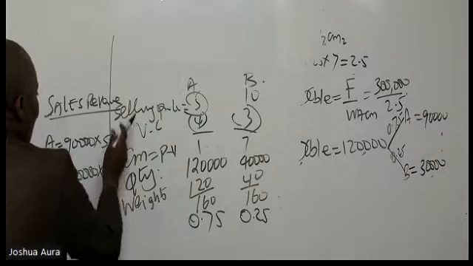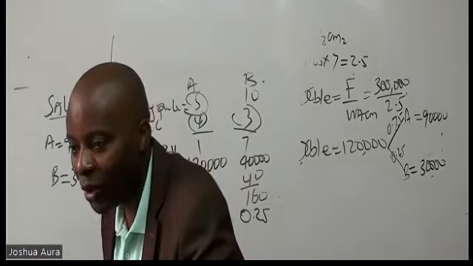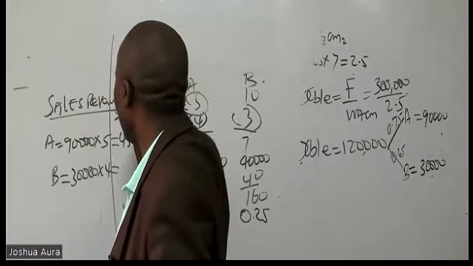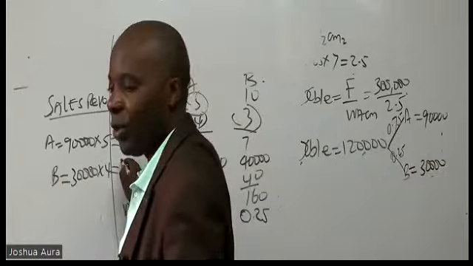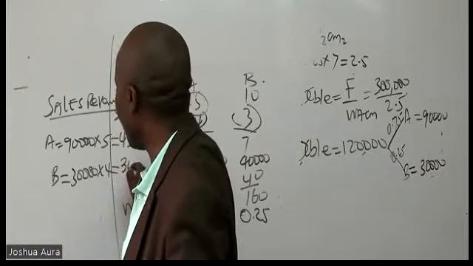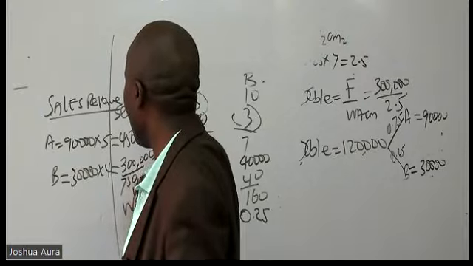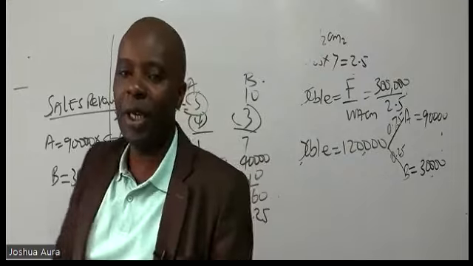So in this case, what do we have? For A, we have 450,000. And then for B, what do we have at the end of the day? 300,000. So total, it comes to 750,000.